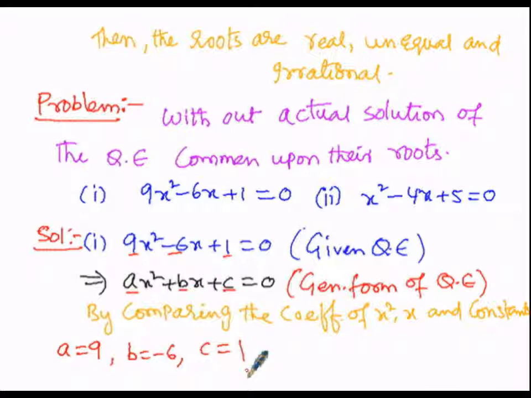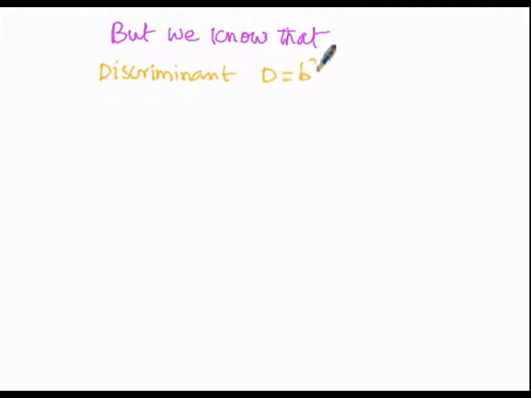But we know that discriminant is given by D. Discriminant capital D is equals to b square minus 4ac.